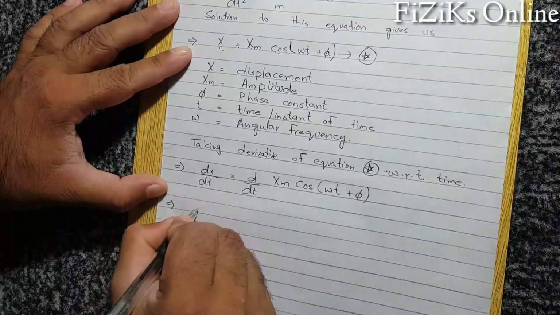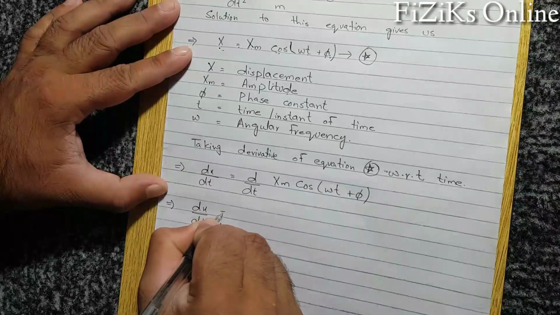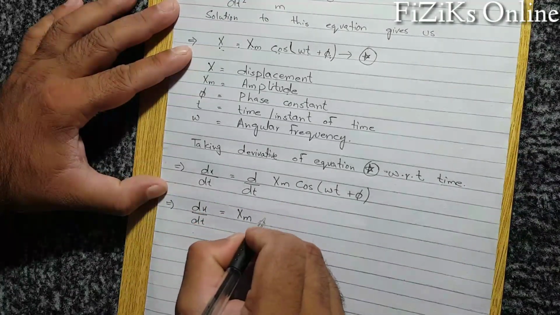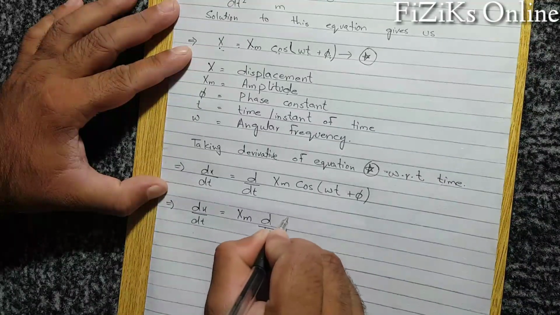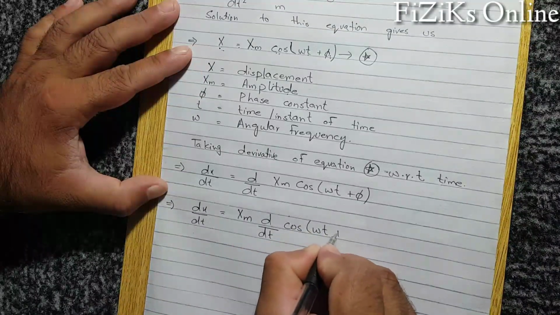Since xm is constant, dx by dt equals xm times d by dt of cos(omega t plus phi).